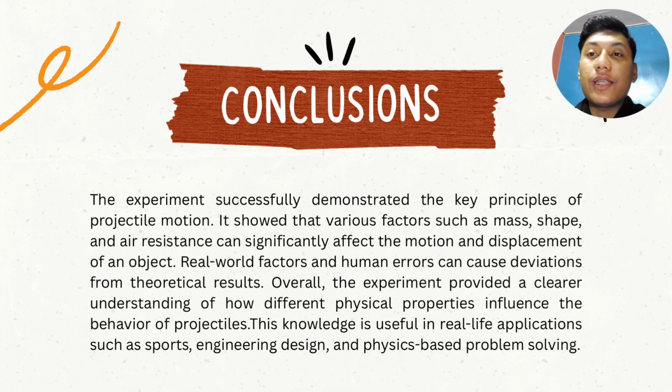Of course, there were some differences between what we calculated and what actually happened, and that's likely due to things like air drag, friction, or even small human errors. But overall, the experiment gave us a better understanding of how different physical properties affect motion.